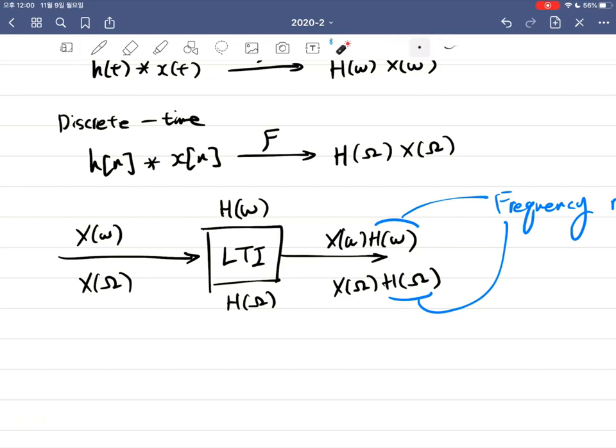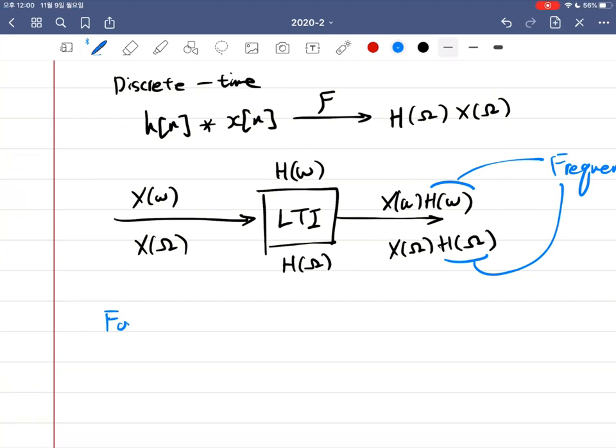So the Fourier transform, one more time, is made of the complex amplitudes of complex exponentials. And by passing through this LTI system, it's like literally multiplying the frequency response to the complex amplitude.